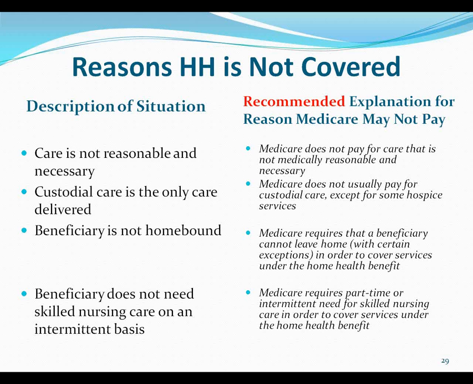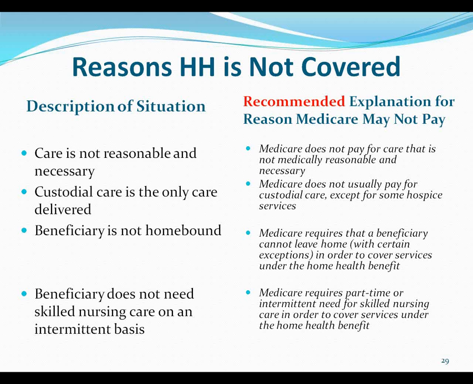So for reasonable and necessary, Medicare is saying to use, Medicare does not pay for care that is not medically reasonable and necessary. The second one for custodial care, Medicare does not usually pay for custodial care except for some hospice services. The third is Medicare requires that a beneficiary cannot leave home, with certain exceptions, in order to cover services under the home health benefit.